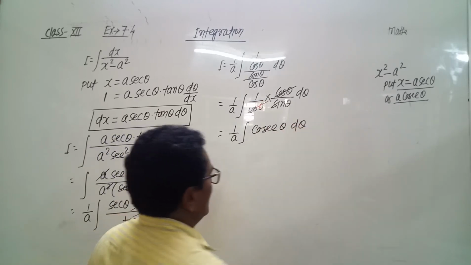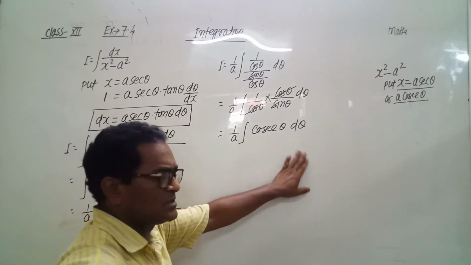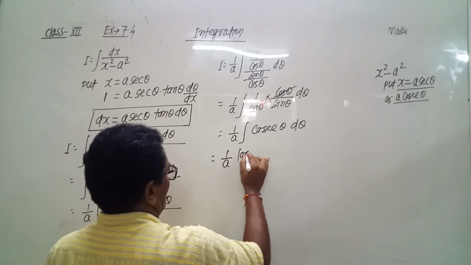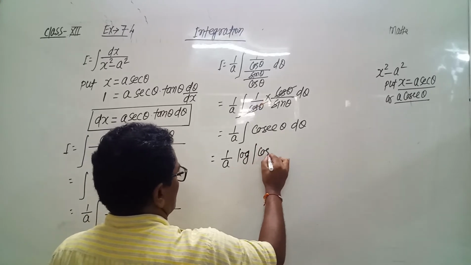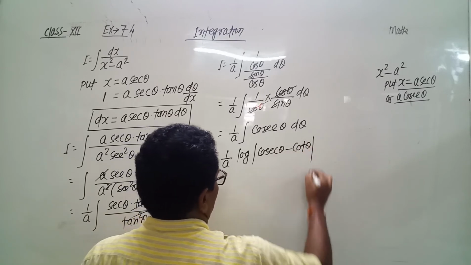And you know integration of cosec x dx is equal to log of cosec x minus cot x. So we will write 1 by a log of cosec theta minus cot theta.